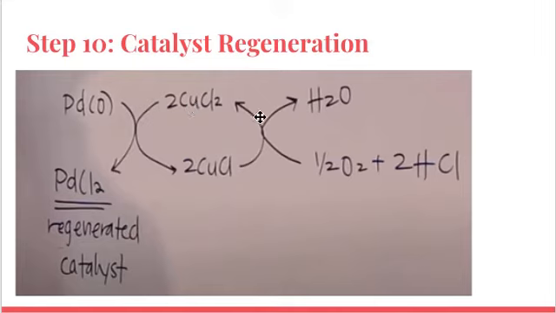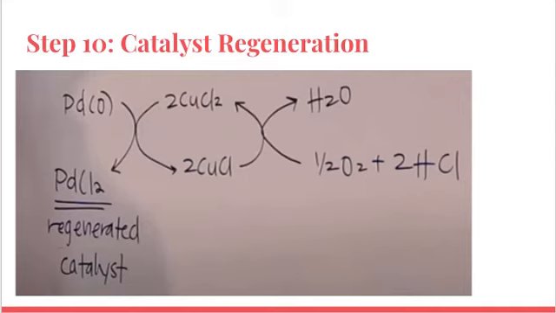You take the two chlorine atoms off of each one. You get PdCl2 and you regenerate your catalyst. That leaves you with 2 copper chloride, and you want to regenerate that back to the original co-catalyst. You would use oxygen plus 2 HCl. You get your byproduct of water, and you regain your original co-catalyst.